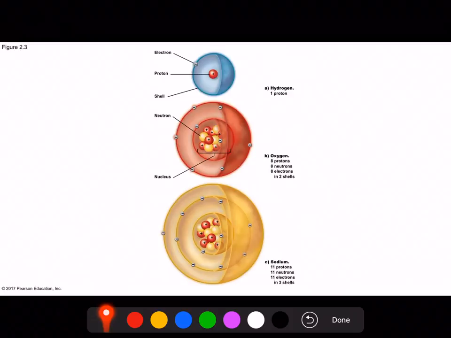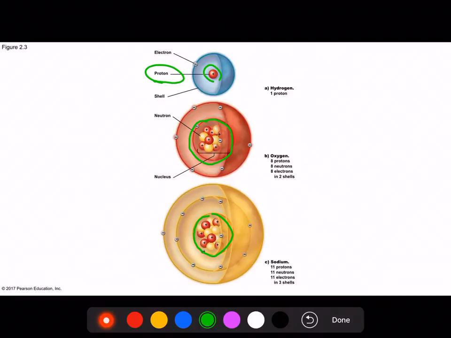So what do we have here? All of these atoms share very similar concepts. In the middle, they have a nucleus. Within this nucleus, there are tiny things. Usually there are protons.